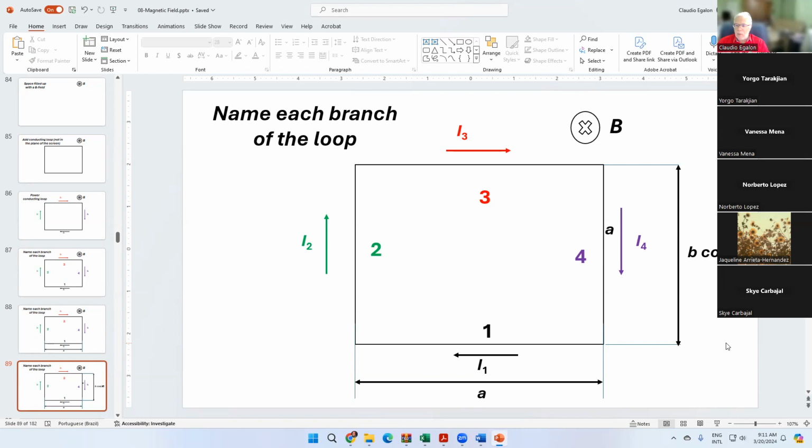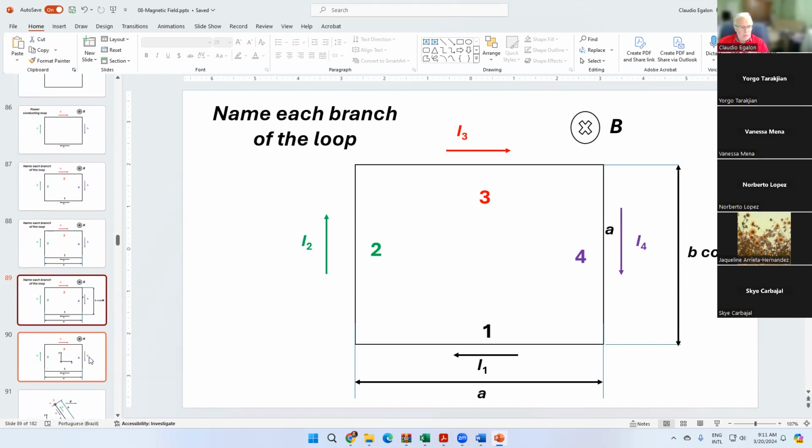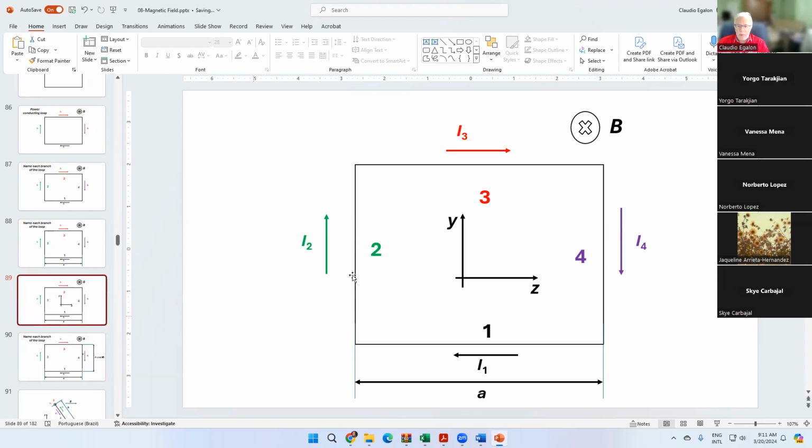Looking sideways. Let's see here. This one is going to be right in here, because we still need this YZ plane.